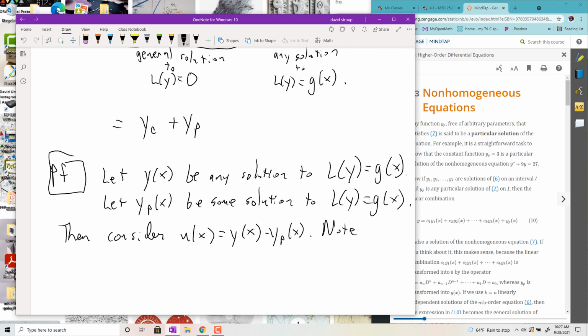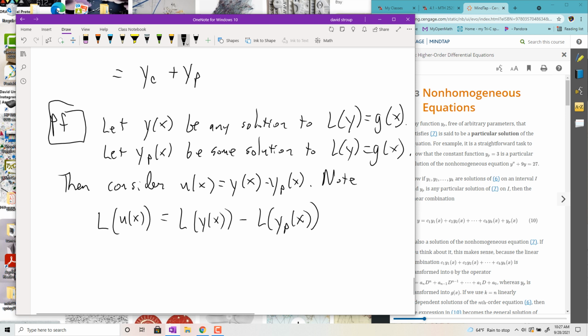Note what happens to it when we put it into L of y. So when we push it into the polynomial operator, L of u of x, from the linearity property of the derivative, is going to end up being L of y of x minus L of y sub p of x. And then because we know that y of x and y sub p of x are solutions to the non-homogeneous equation, these guys must both equal g of x.